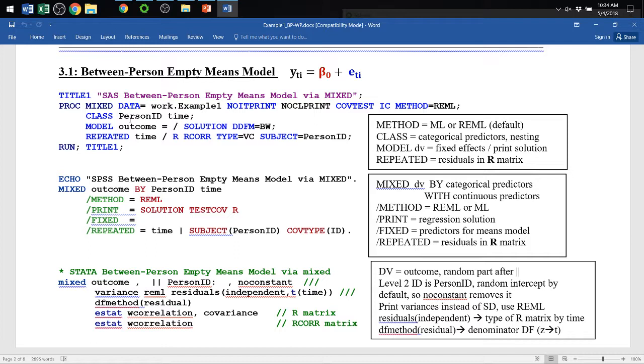In practice, I would say stick with REML if at all possible. If you find that ML gives you the same inferences, then it probably doesn't matter. But the problem is that once you switch into multivariate, multi-level software or SEM software, there is no such thing as REML. So then you're stuck with ML.